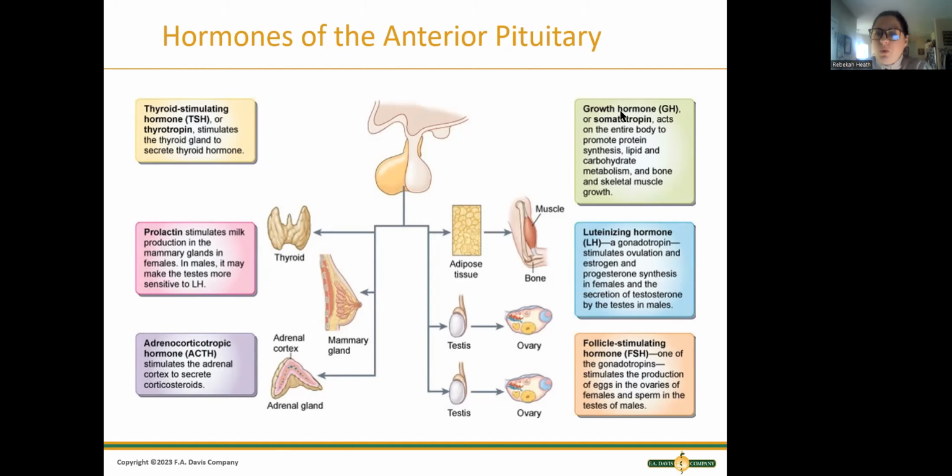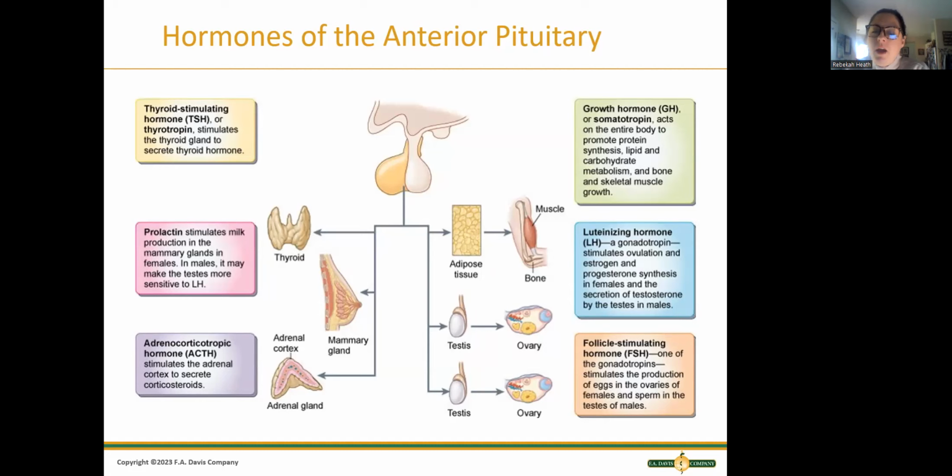Here's growth hormone. It acts all over the entire body, where it increases protein synthesis, lipid and carbohydrate metabolism. It's basically everything you need to grow and get larger, especially as children, from birth through puberty, that's definitely going to be a lot.